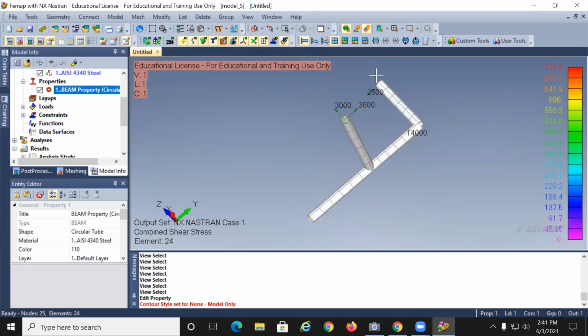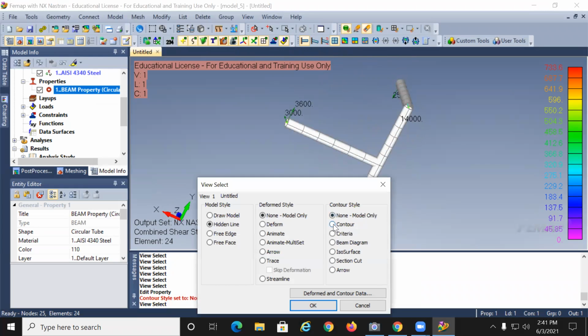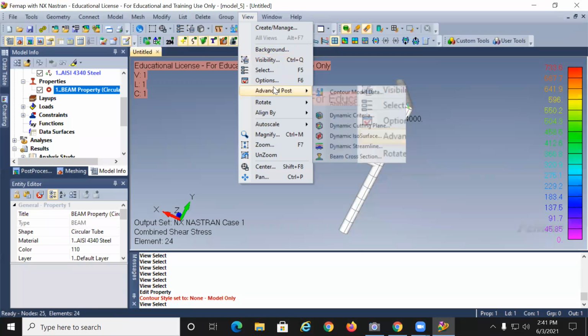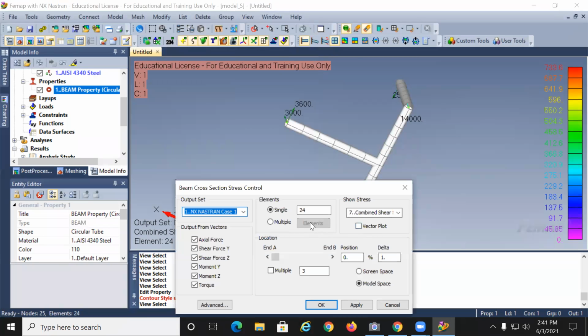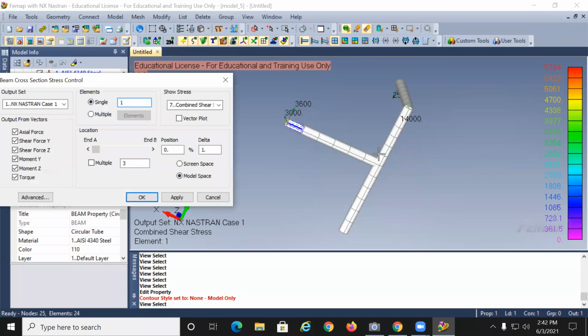Yes, we are looking at this element here, no? Yeah, so F5. What am I doing? View, advanced post-processing, beam cross-section. We're going to select this element here, combined shear, and it should give you the value.